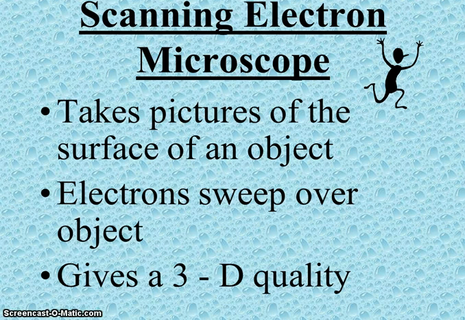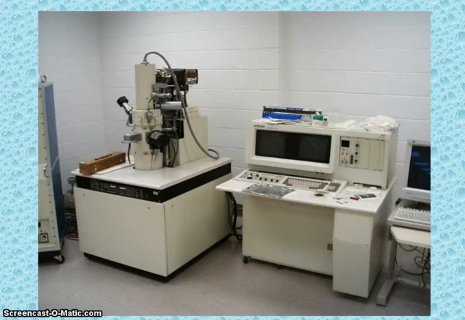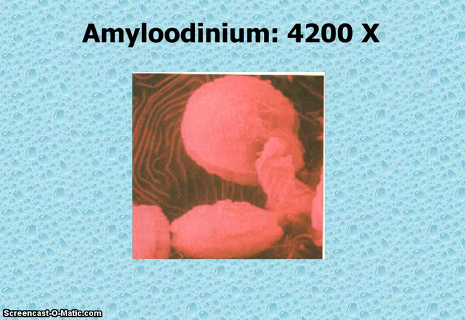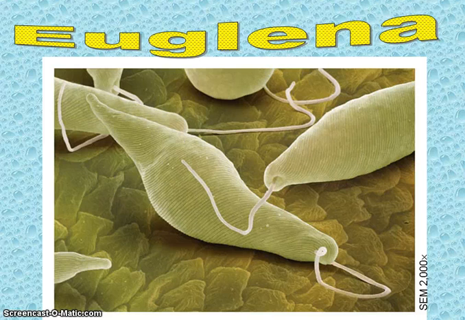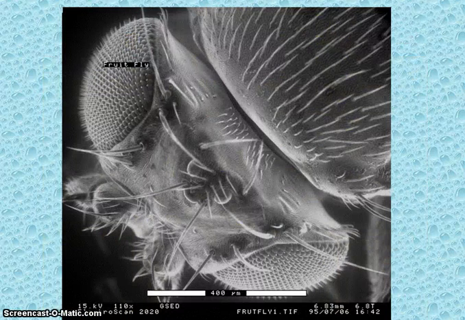The magnification is a little less than the transmission electron microscope. The machine is quite big, but again, you're showing a different part of the organism. So that is that protist that we saw earlier. There's that euglena, and again, as you're seeing the pictures, we're focusing in on the surface.